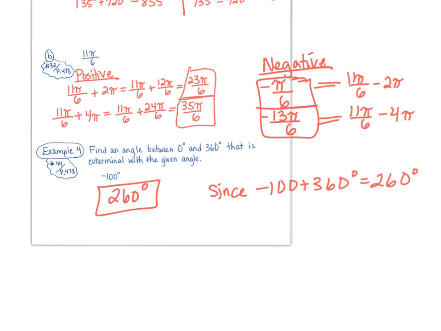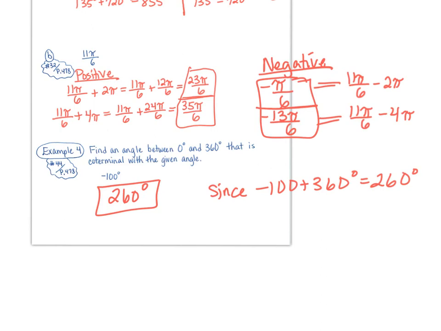So if you want to find an angle between 0 degrees and 360 degrees that's coterminal with an angle that has a larger degree, for example 1,260 degrees, you would subtract multiples of 360 until you get to an angle between 0 and 360. That's right.